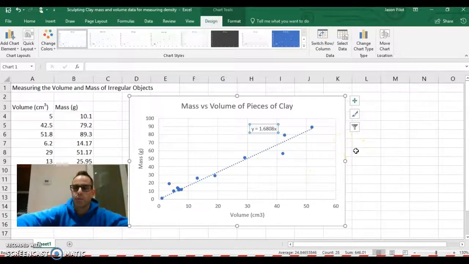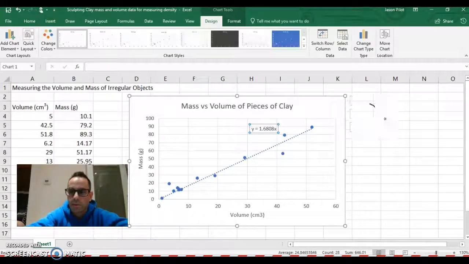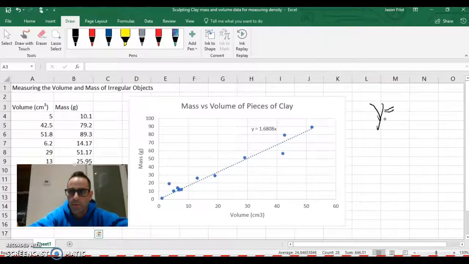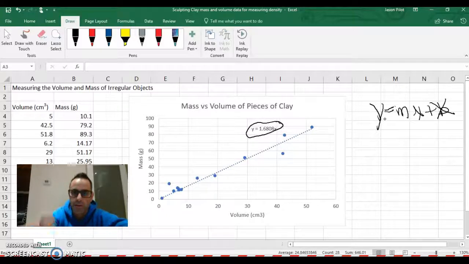Now, why is this important? How is the equation of the line useful for what we're doing? Well, I'm just going to write out the equation. The equation of the line is usually y = mx + b. Now, in our case here, the b is the y-intercept. In this case, it's 0, which is why you don't see anything here other than y = 1.6808x.